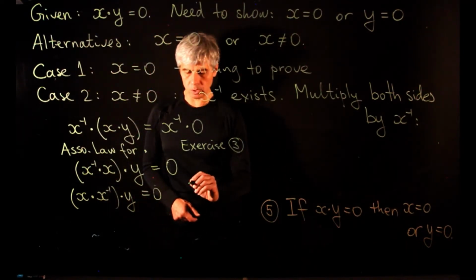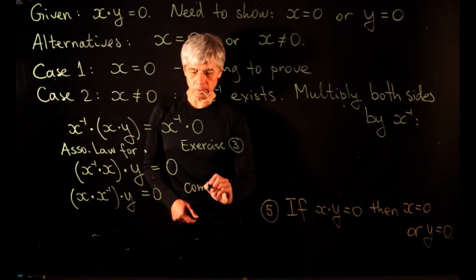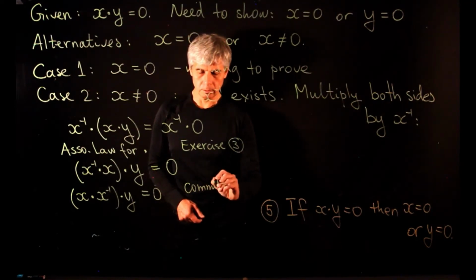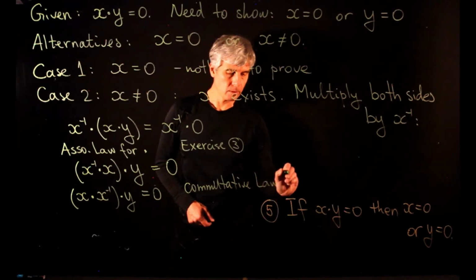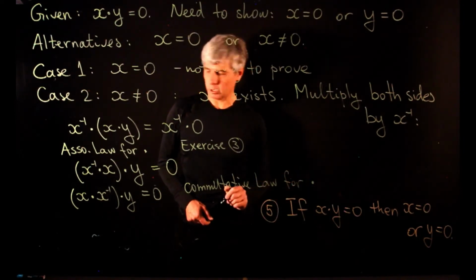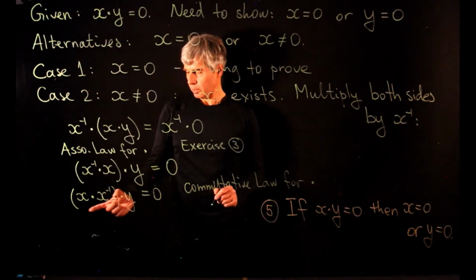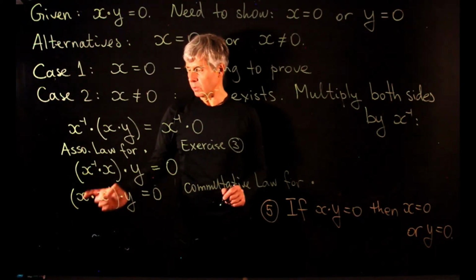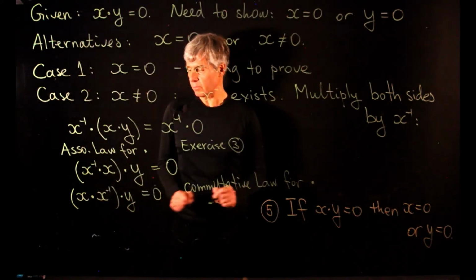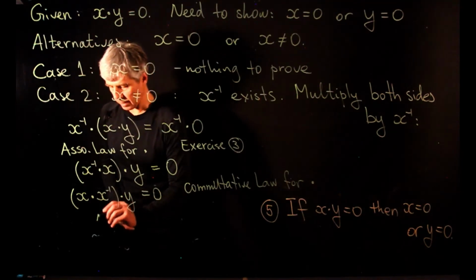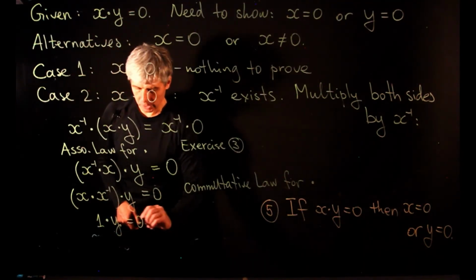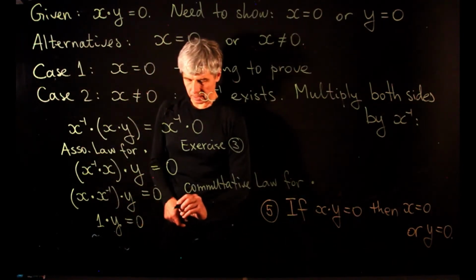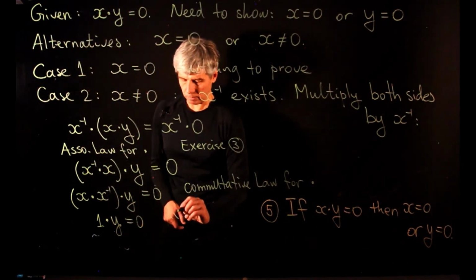So here we use the commutative law for multiplication. So now we know that x times x inverse is equal to 1. So we get 1 times y is equal to 0. So this is the axiom of inverse.